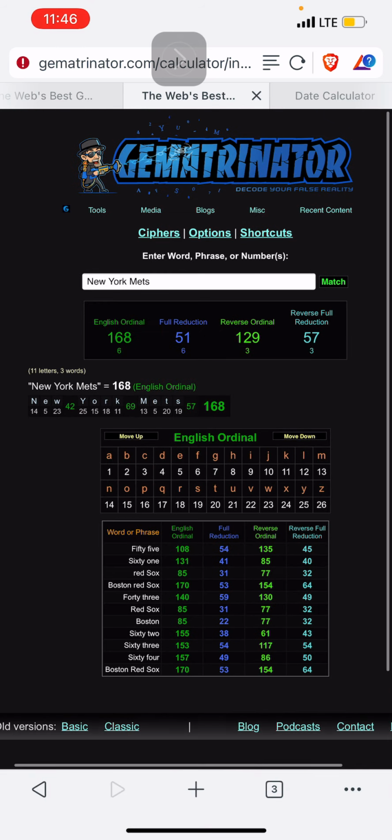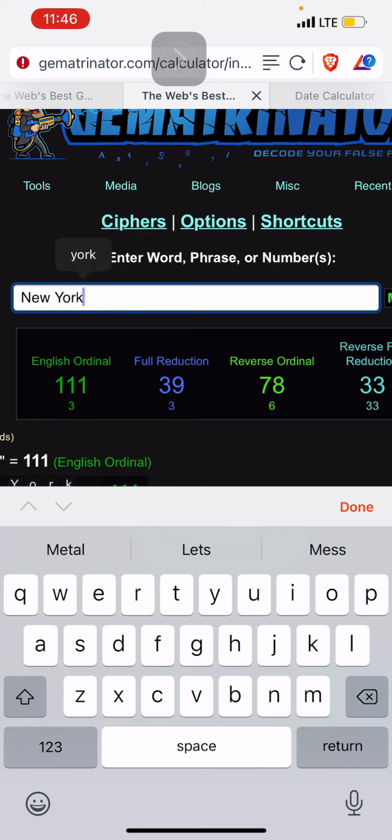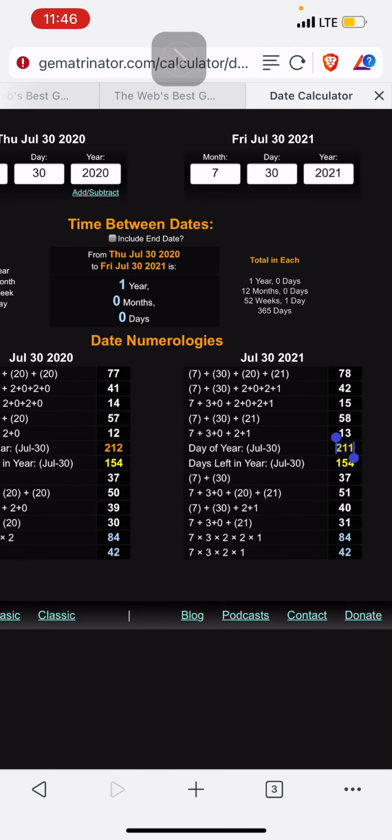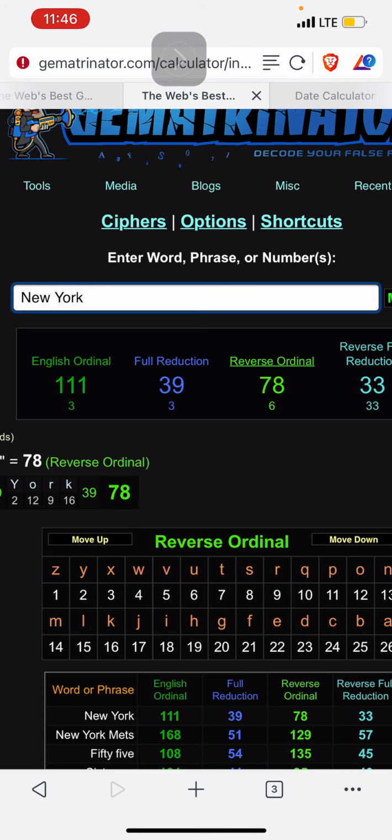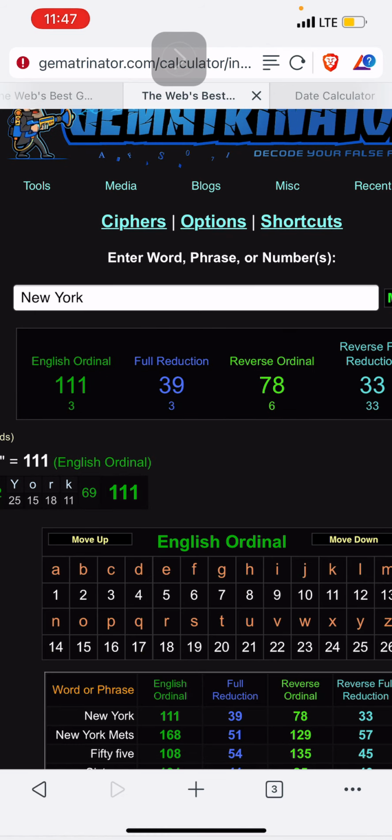Mets. 78 date numerology. Although that could be coincidental, the 78 date numerology thing.